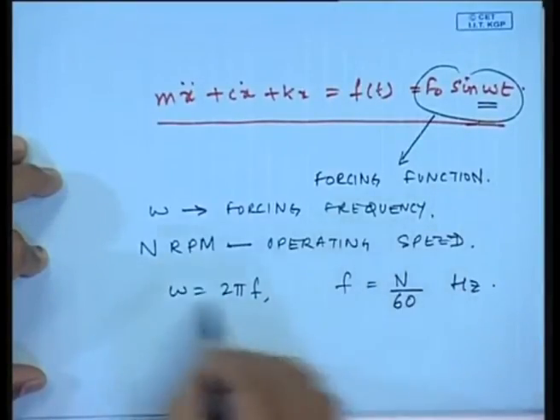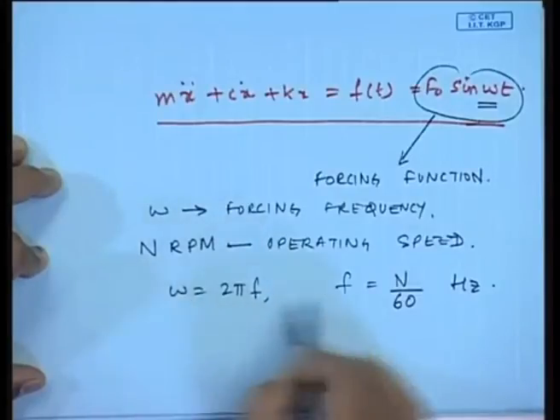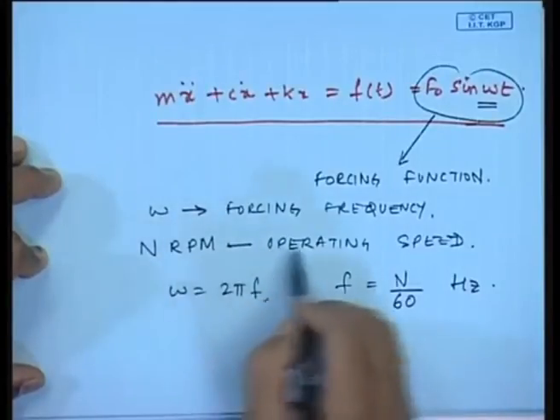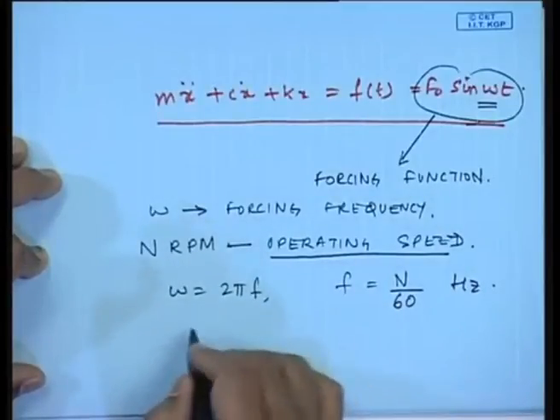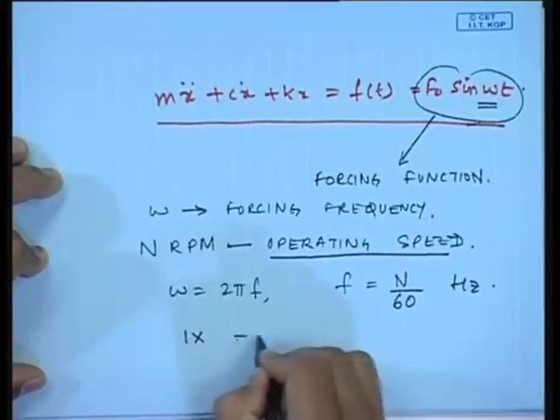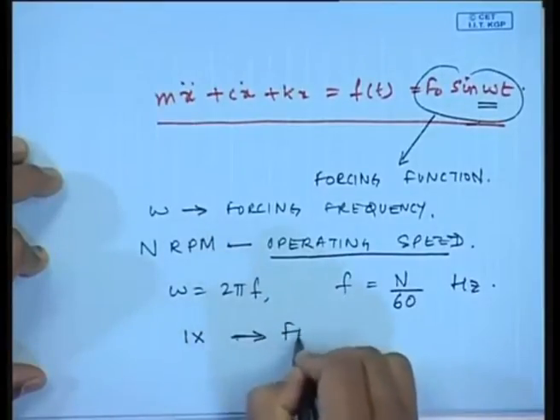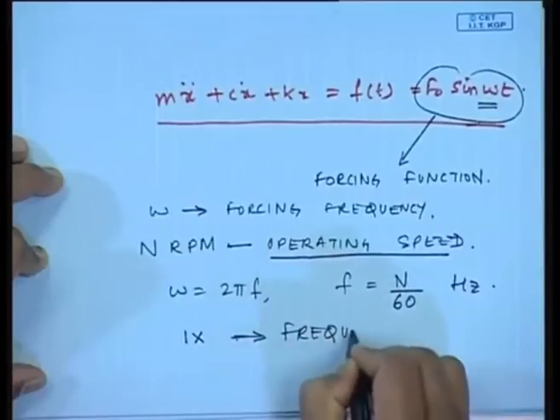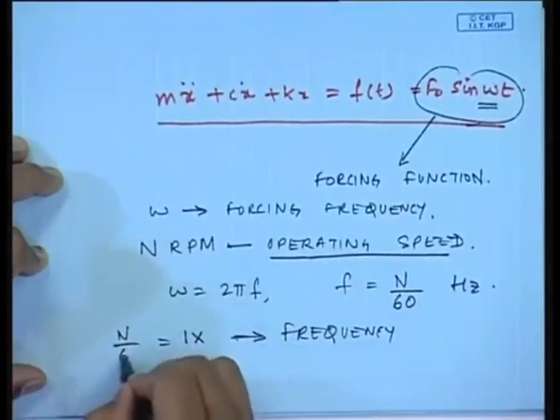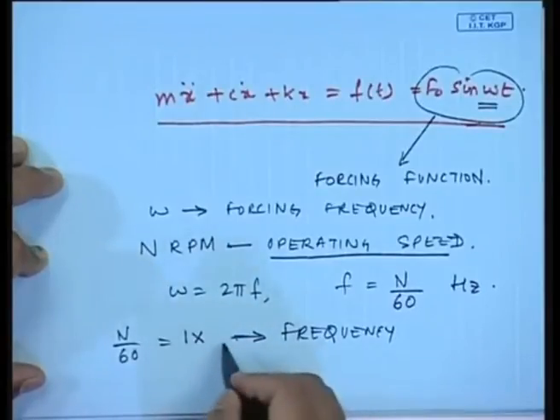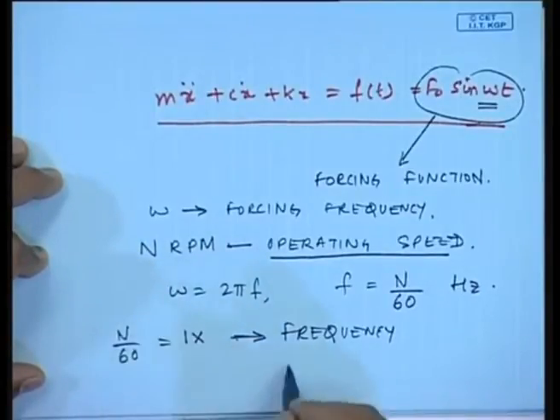So, usually this is how this omega is related to the speed of the machine, and in condition monitoring literature people usually denote this as 1x frequency, nothing but n by 60. Okay. Harmonics of it will be 2 times, 3 times, and so on.